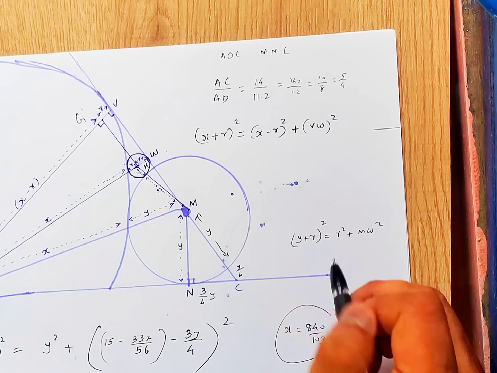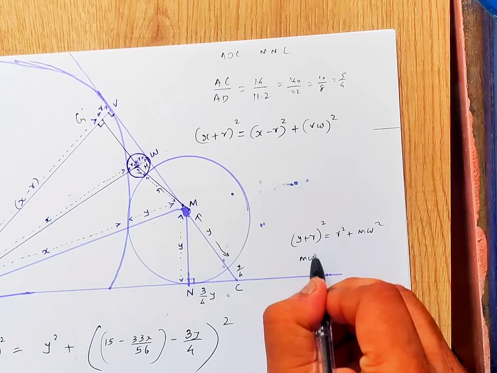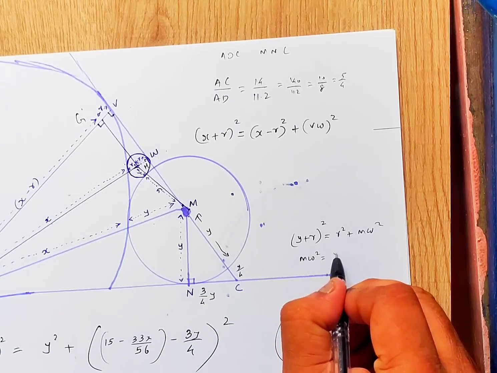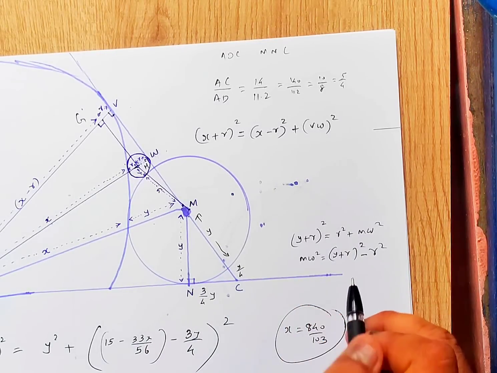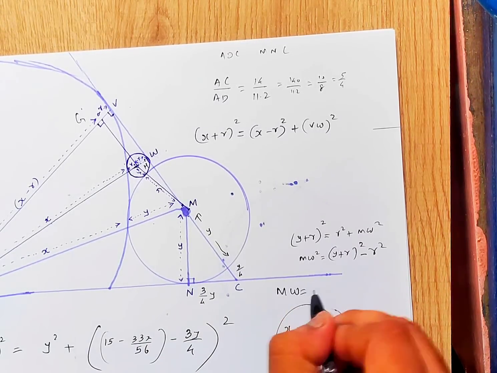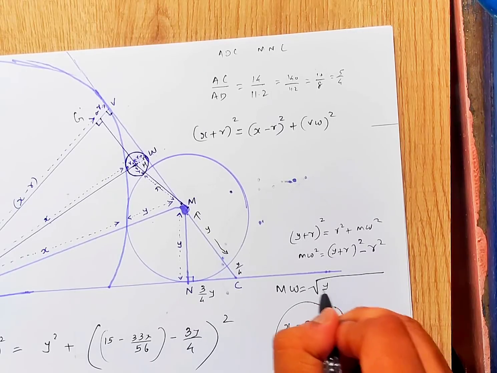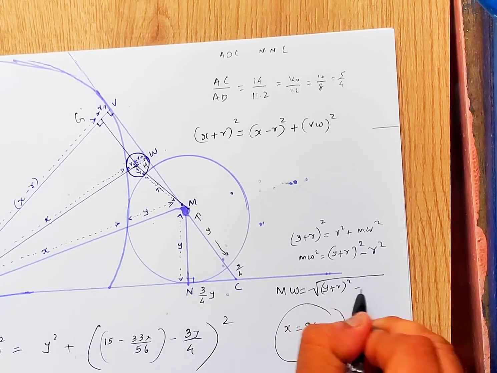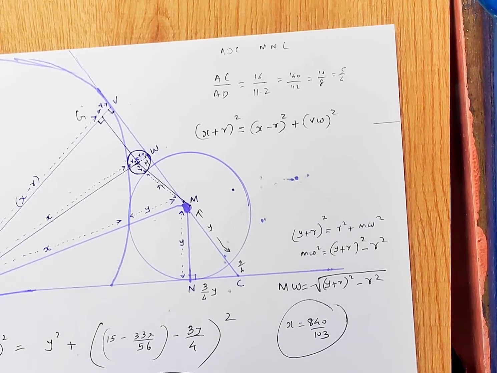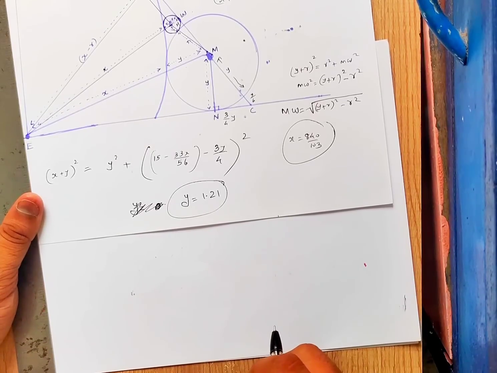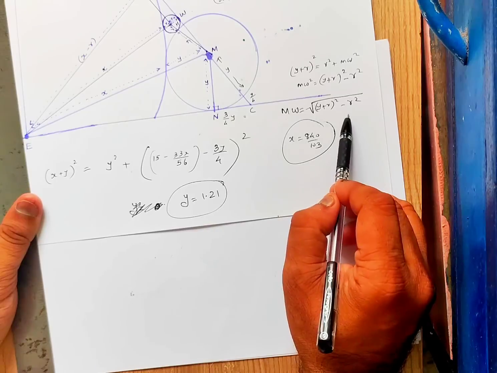This gives me the value of MW square as y plus r the whole square minus r square. That is, MW is the square root of y plus r the whole square minus r square. I got the value of MW, guys, in terms of only y and r.